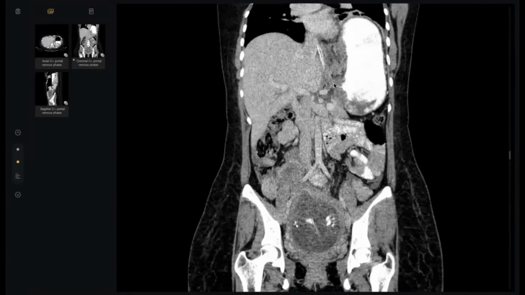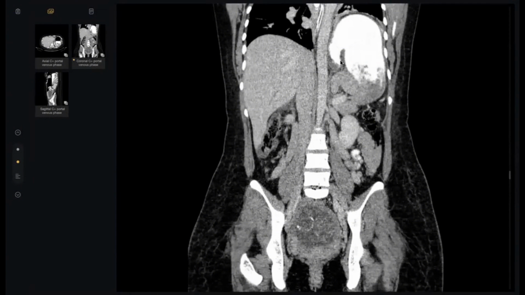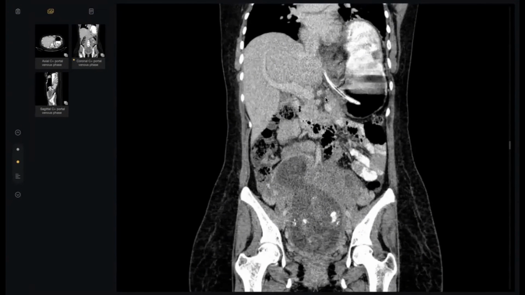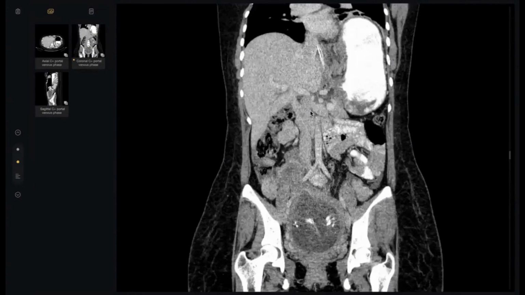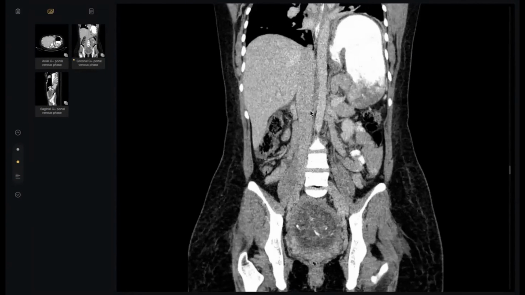But if you find the pylorus in its normal position, below the cardia, you can diagnose organoaxial volvulus. Very easy. Don't crowd your mind with the greater curvature up and the lesser down.